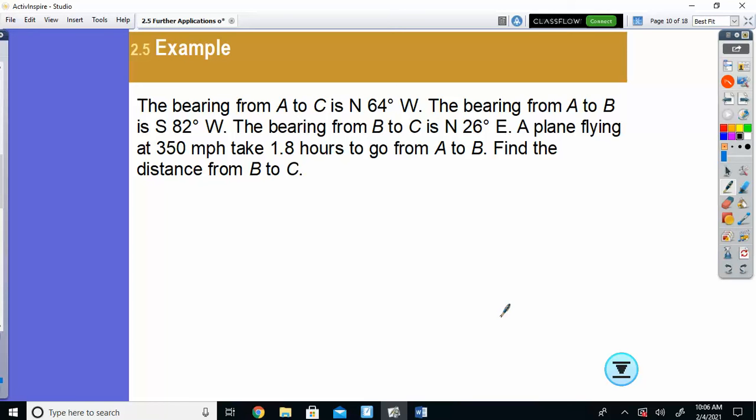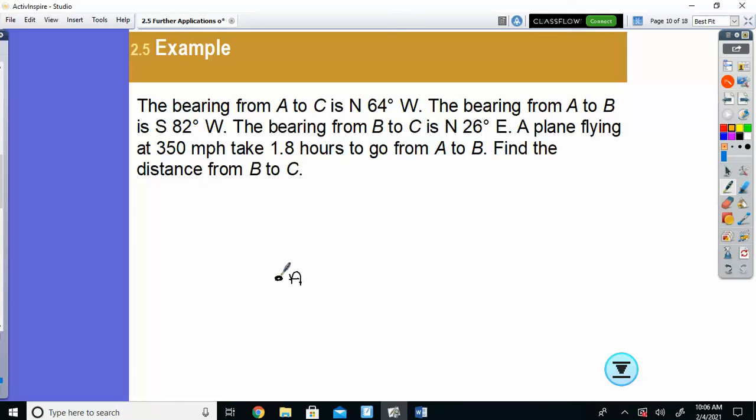Okay, the bearing from A to C is north 64 degrees west. We have to draw a picture. So I've got point A. If I'm going to measure bearing, what do I have to draw in?